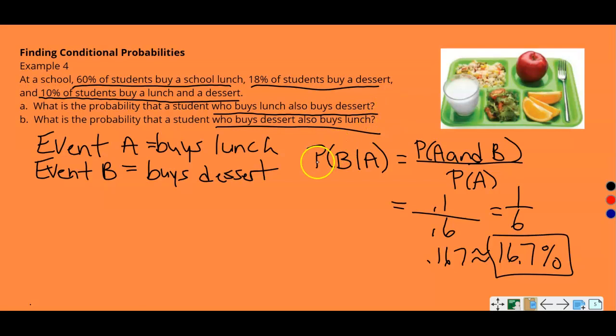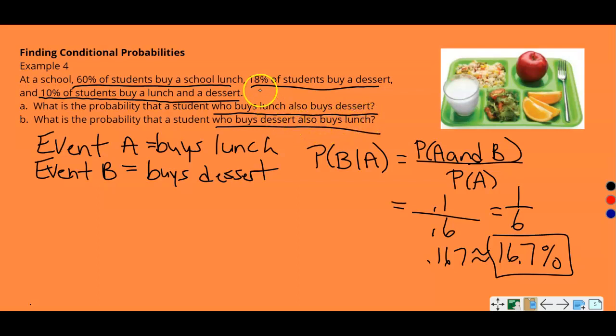For part A, we did the probability of B given A, and this was our formula. We're going to change that up just a bit. As you can see, the first one said who buys lunch also buys dessert. This one says who buys dessert also buys lunch.